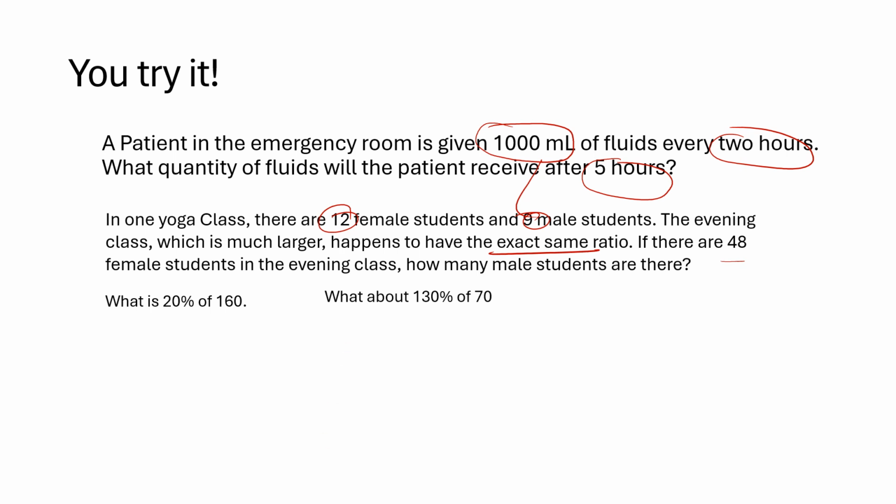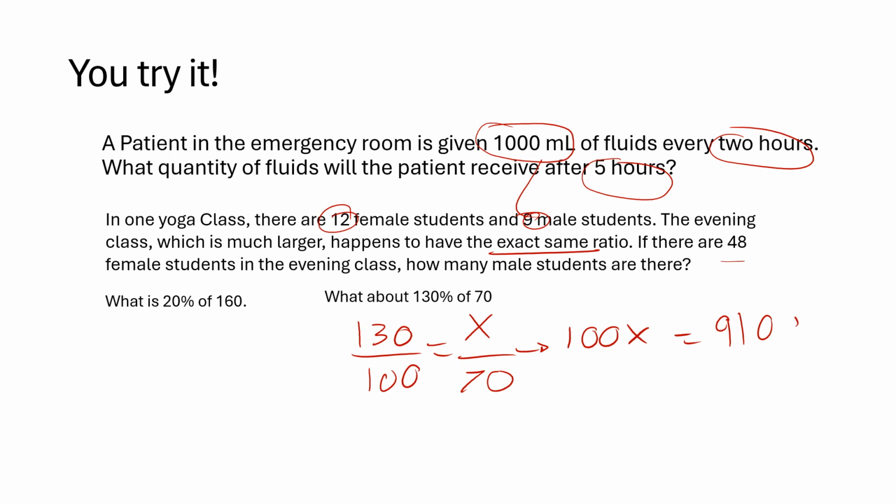So if we were to do this again, what is 130% of 70? We don't know what 130% of 70 is, so we need to find that, but we do know that we are looking for 70. Same thing like last time, we're gonna get 100x equals 9,100.